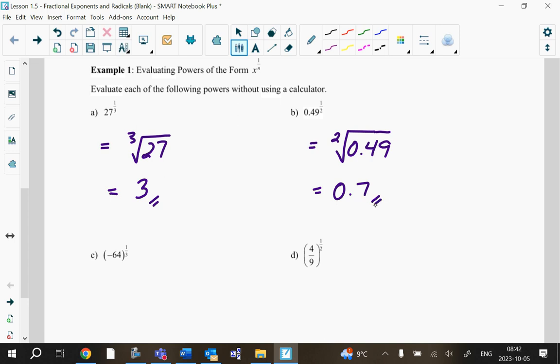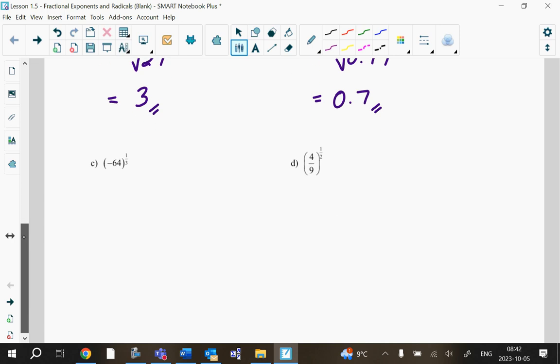How about this one? Again, change it to radical form. It'll be easier for you to do. In the radical. And then? What's that? And how do we read this? Cube root of negative 64, which gives us negative 4.